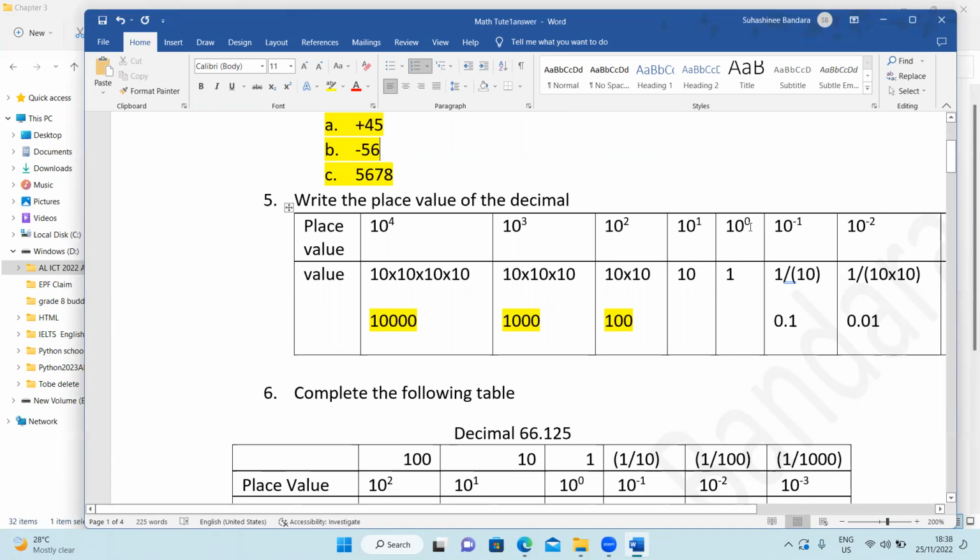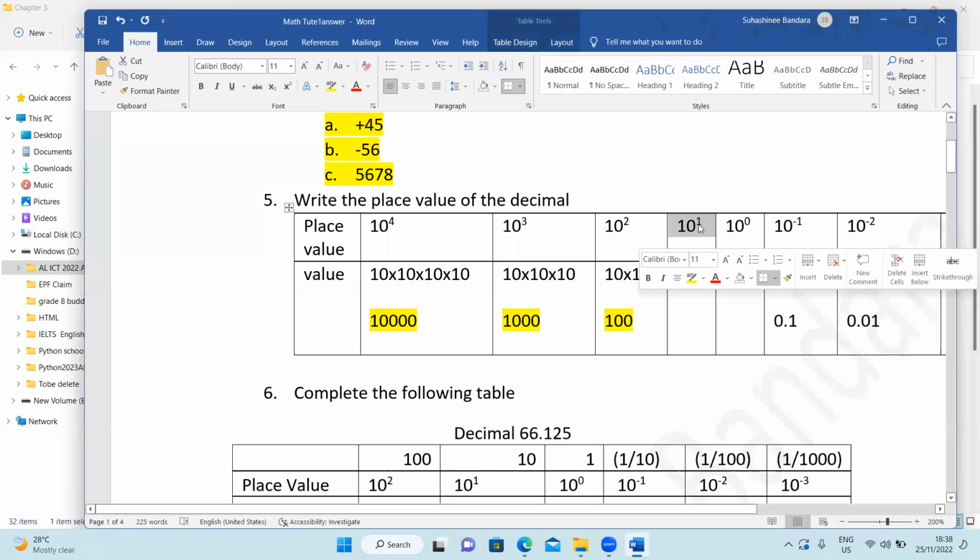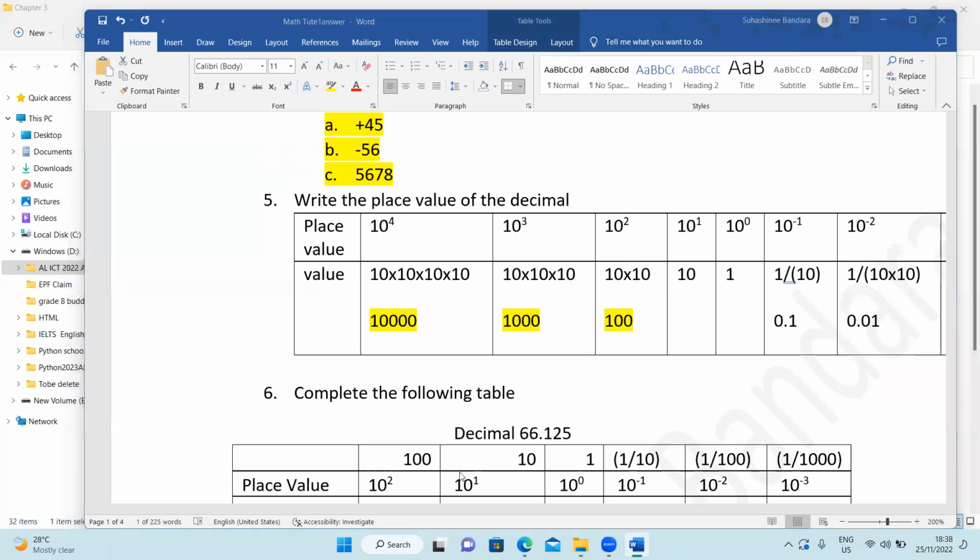Every time we start from 2 to the power 1 in the binary. Therefore, in the decimal also we are going to use 10 to the power 1. So 10 to the power 1 means the positive side, that means not the fraction part.